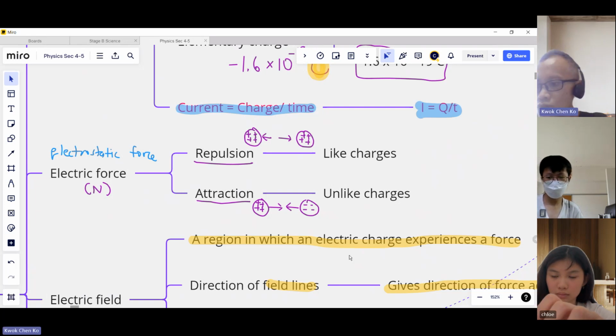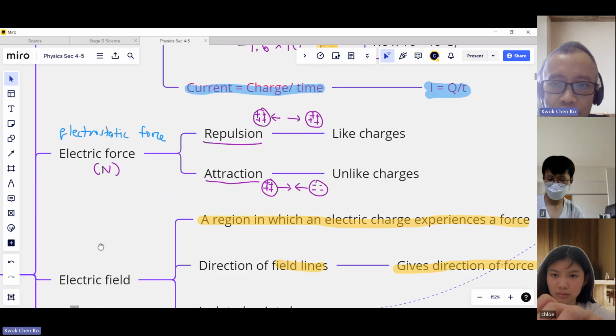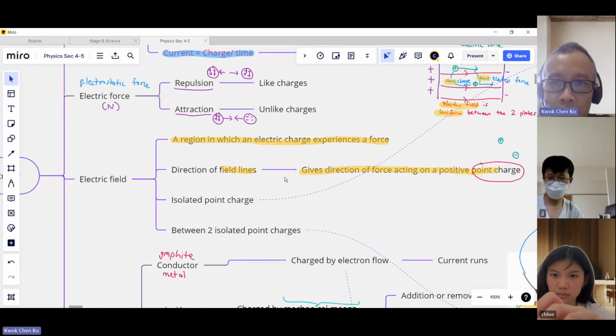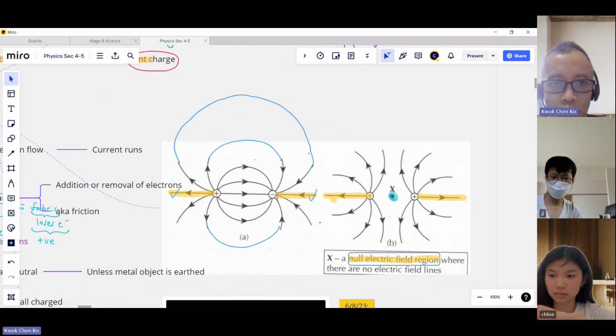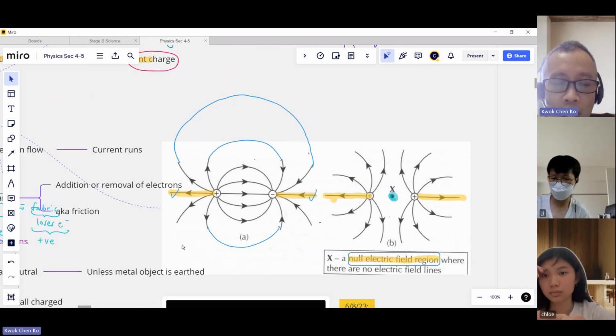Now, we have also gone through what we call electric field. So I hope you still remember all the arrows and the lines, like all this. Okay, again, I won't be going through all these diagrams. You should have them in your notes.